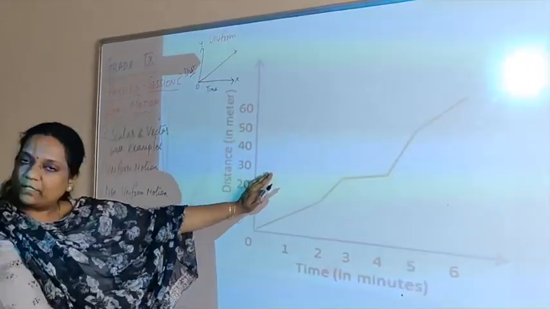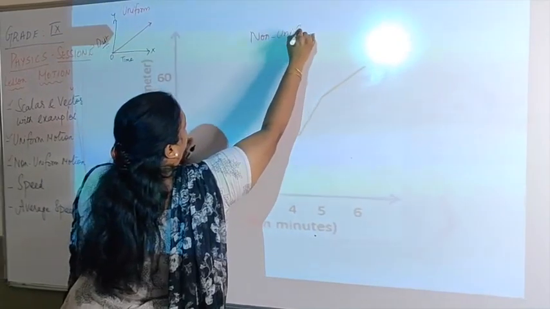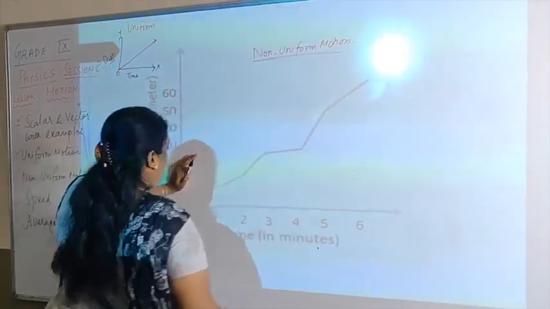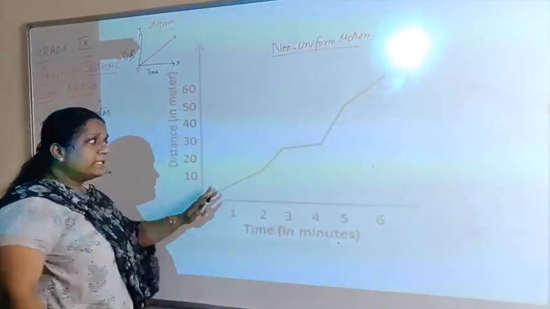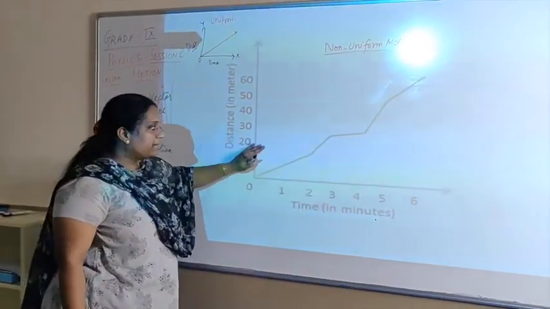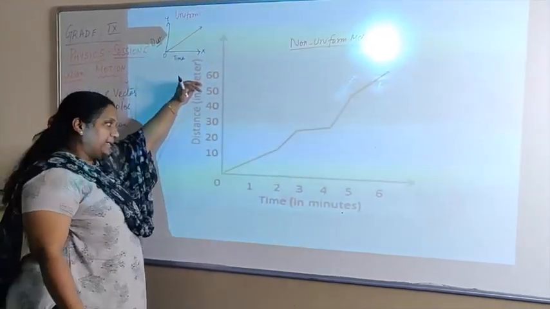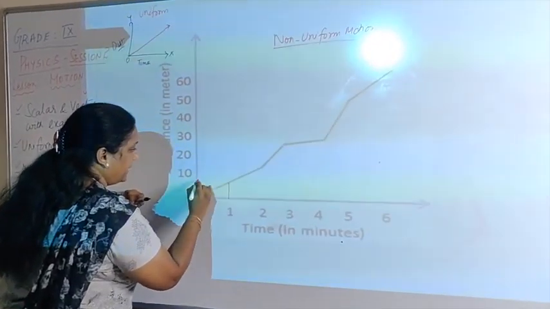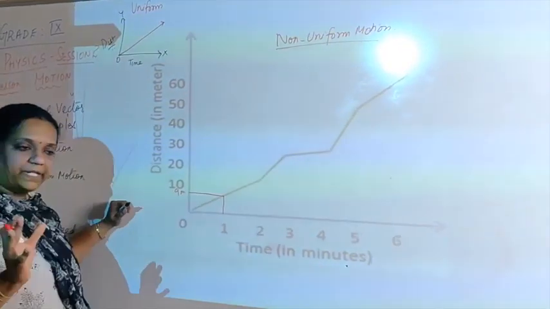But on the opposite, when I am talking about the graph representing non-uniform motion, what do I see? I see that it is a zigzag representation. Why is it zigzag and why is the slope not straight? Because the body is covering unequal distances in equal intervals of time. If you see here, at 1 minute, it has probably reached somewhere around 9 meters approximately.